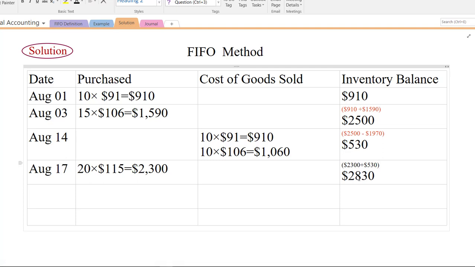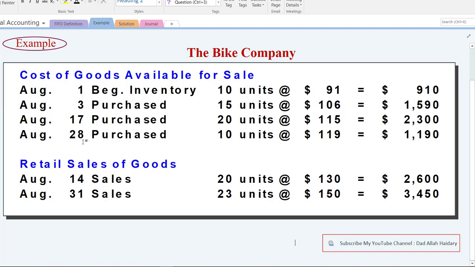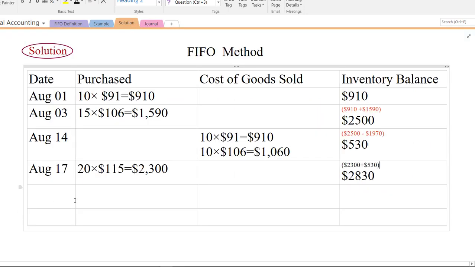So students, after 17 August, we don't have any sales, right? We don't have any sales till August 28. So on August 28 there is again a purchase. How many units are purchased? 10 units are purchased with the cost of 119. I'm going to record it on August 28.